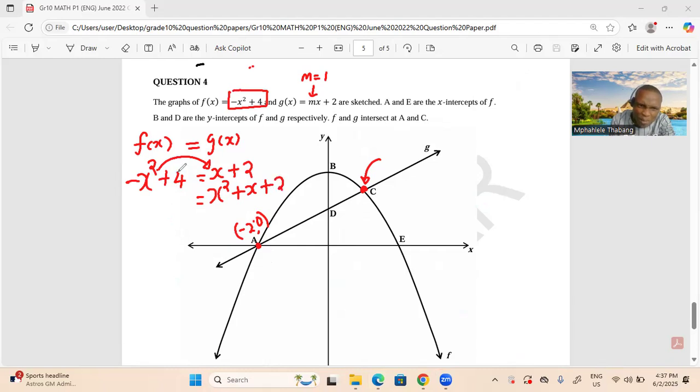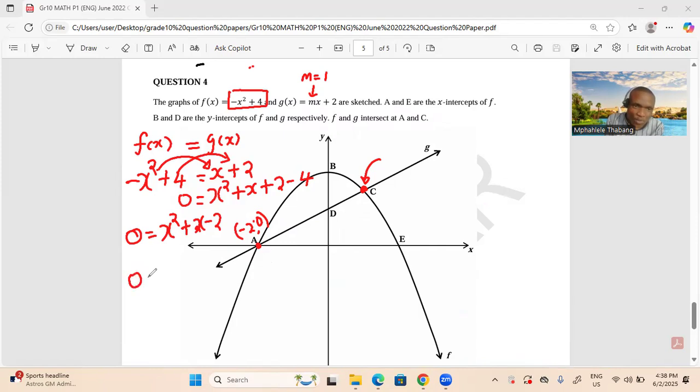You also take positive 4 to the same side, it is going to be minus 4. Therefore, you now have 0 equals to x squared plus x minus 2.